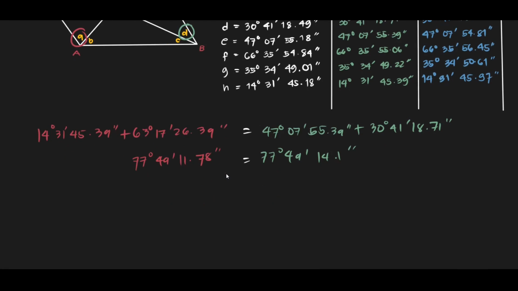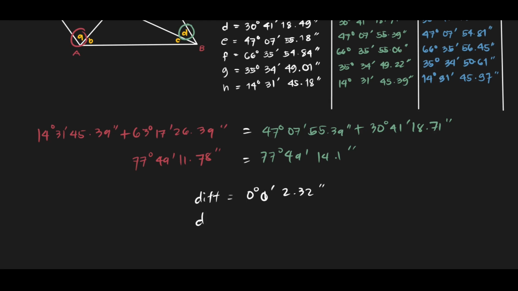And as you can see here, obviously they have a different value, so let's quantify this difference. Just subtract both of the values, and let's disregard the sign for now because we're concerned only with the magnitude. So 0 degrees, 0 minutes, 2.32 seconds.